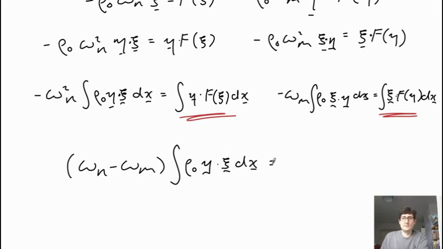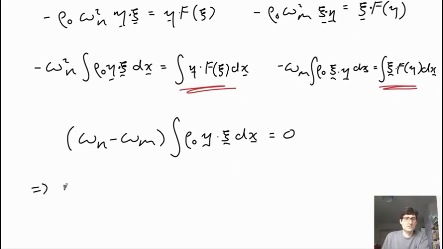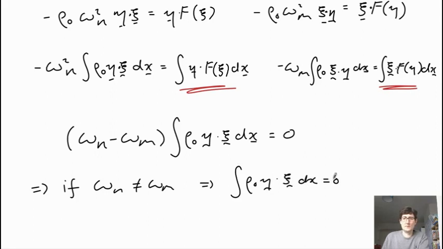So integrate over all space must be equal to 0, because this side here must be equal to that over there, and so either omega n is equal to omega m, or this is equal to 0. And so therefore if omega n is not equal to omega m, then the integral of rho naught eta dot psi dx equals 0.